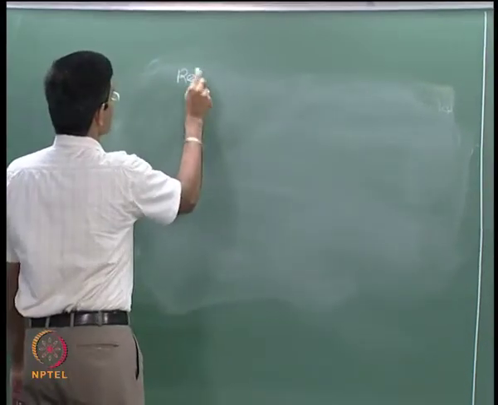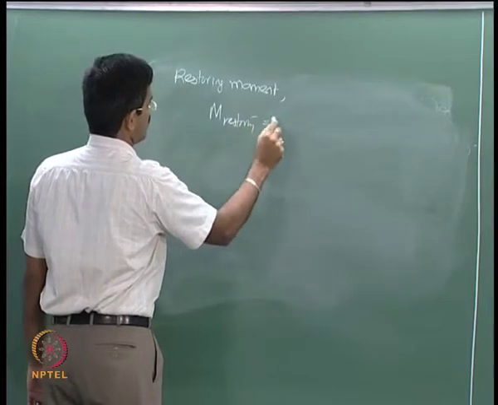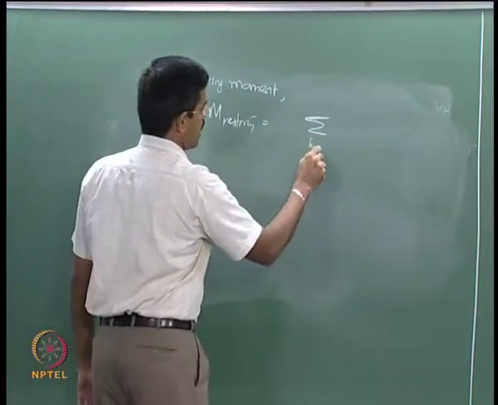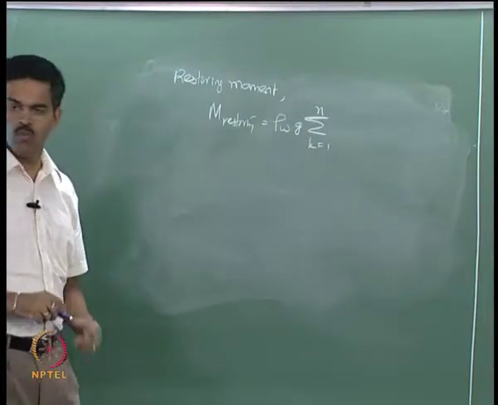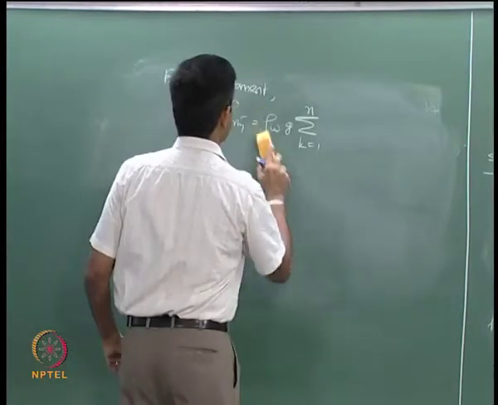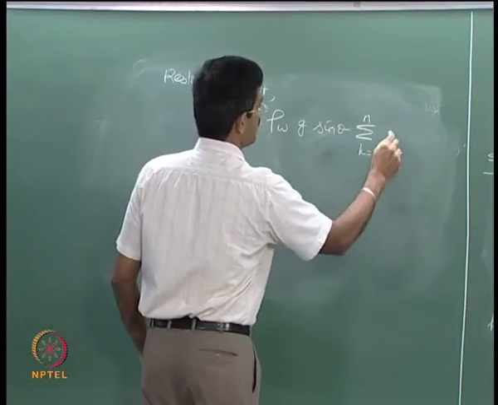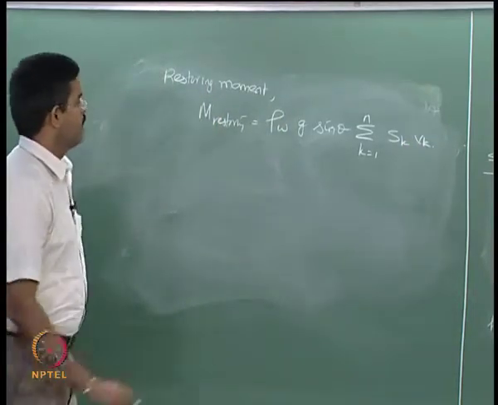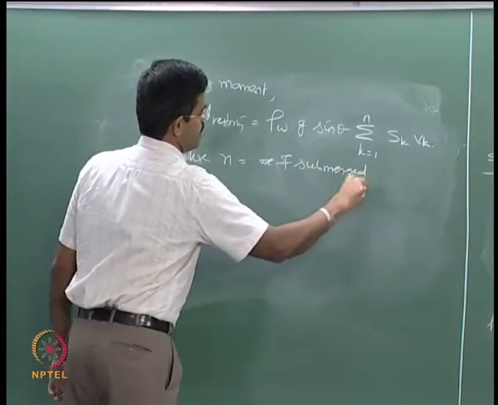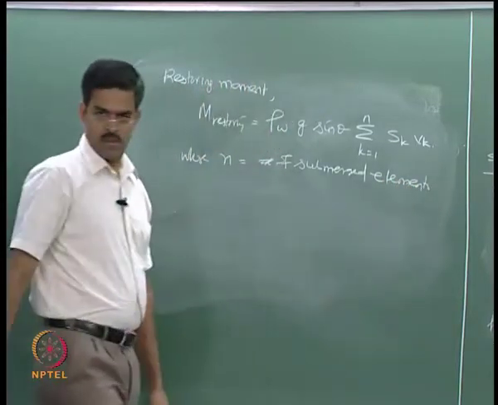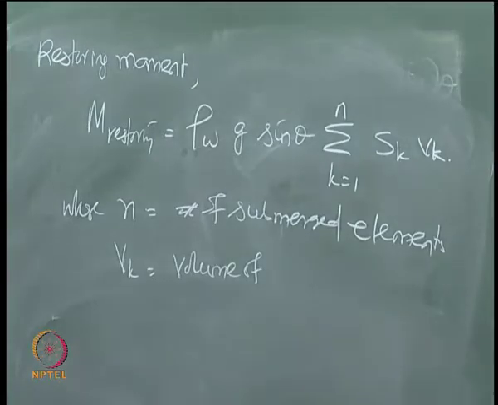Now, the restoring moment, which I call M restoring, is given by summation of k equals 1 to small n of rho w g, because I am talking about the submerged volume now, sin theta Sk Vk, where first of all small n is the number of submerged elements, and Vk will be the volume of the kth element.